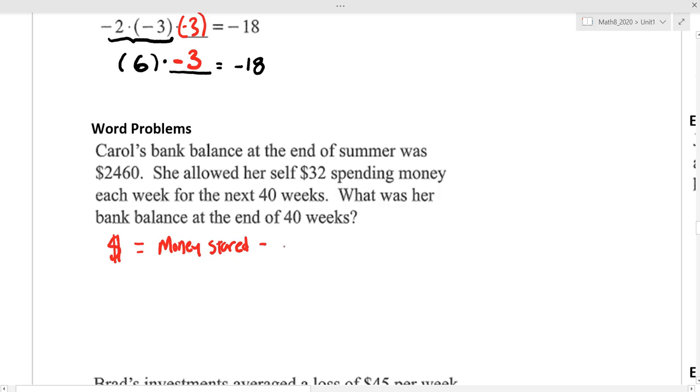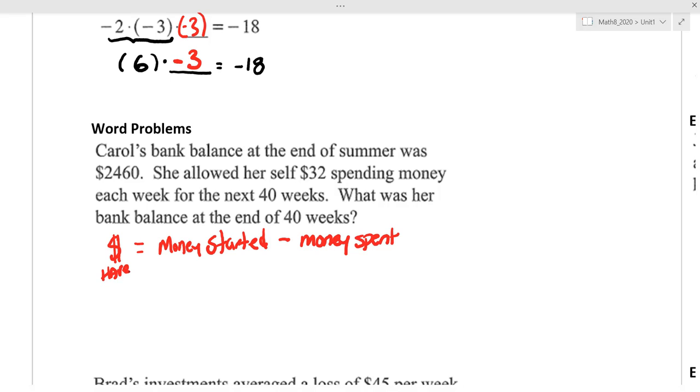That makes sense, right? The money you started with minus the money you spent should equal the money you have, right? So if you had $5 to begin with, you spent $3.